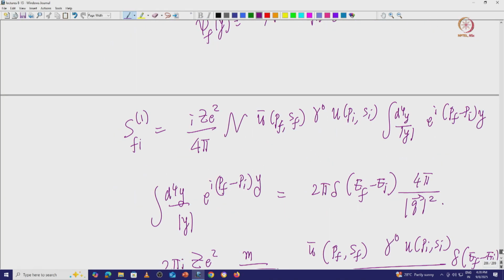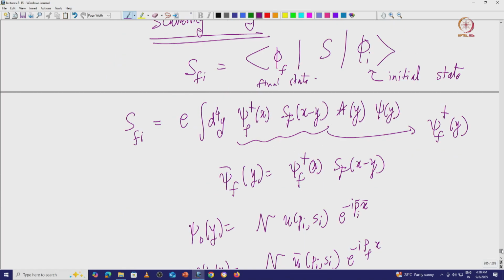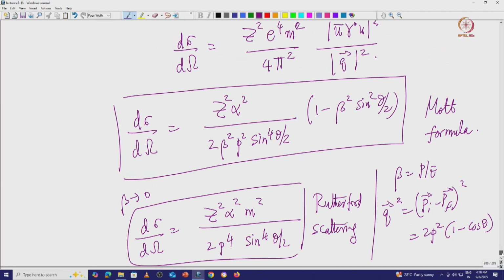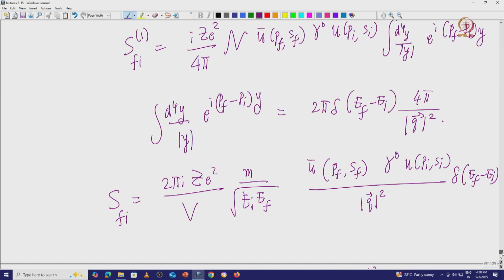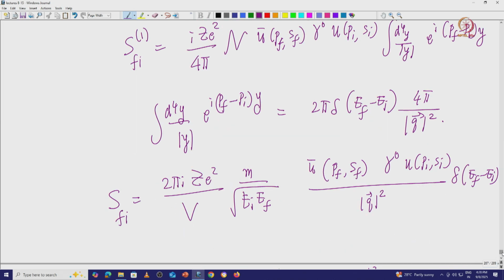So what we have seen is the relativistic version of Rutherford scattering, where we have used the Green's function method, instead of using A as a dynamical field, but A as a potential itself, as a Coulomb potential. This gives you back exactly the same answers, because the static potential behaves exactly like 1 by q squared, like a propagator, and you end up having the same results.